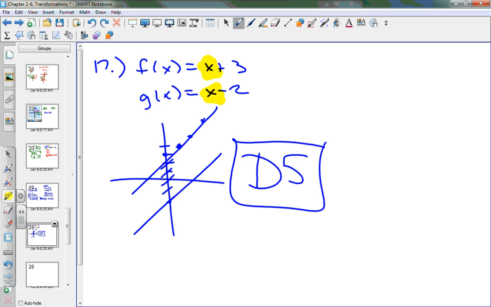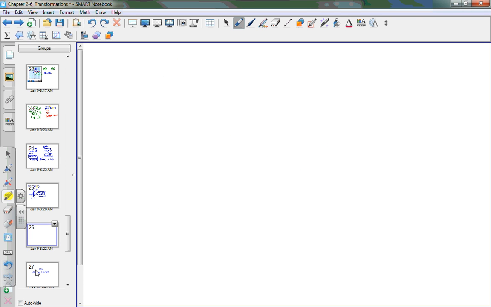Okay, get out last night's homework. Now, the direction on last night's homework says compare the graph of the function with the graph of f of x equals x squared. Number 1, I'm comparing it to x squared. So what's happening? Up 2. What should you have written?